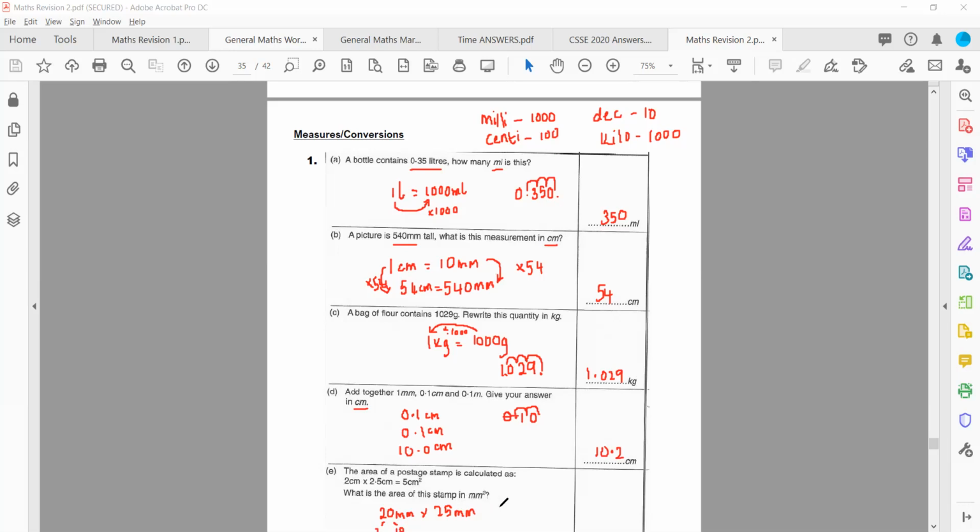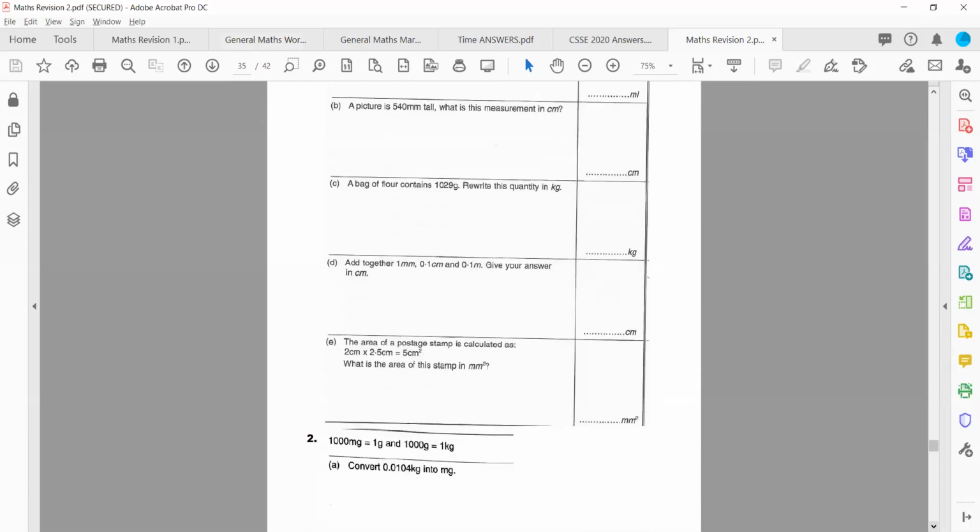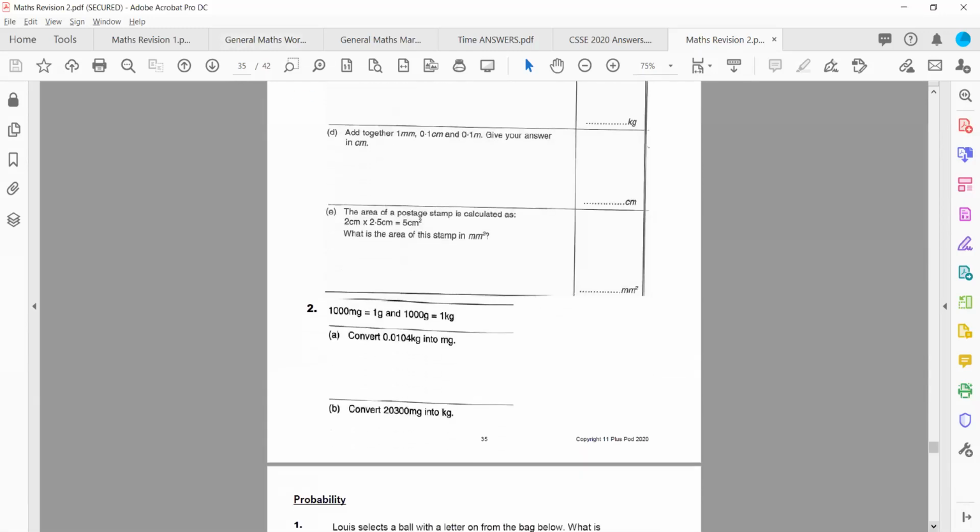I would times 25 by 10 to give myself 250, and then I would times that by 2 to give myself 500. So your area is 500 millimetres squared. That would be your area there. Okay, so there's your measure conversions. They are coming up a lot at the moment, and they tend to come up in this format here, which has you multiplying and dividing effectively by 1 million.